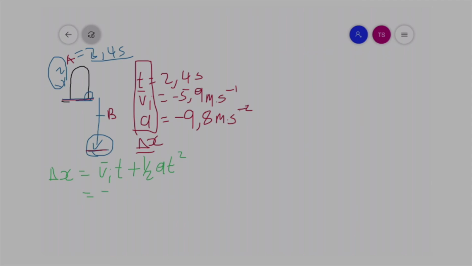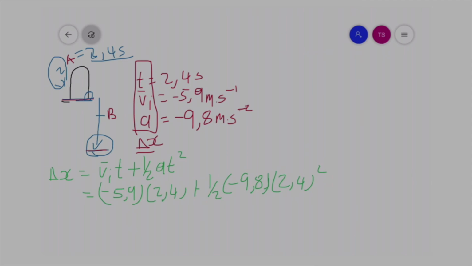My v initial is minus 5.9, and then my time is 2.4, plus half times negative 9.8 times 2.4 squared, right?